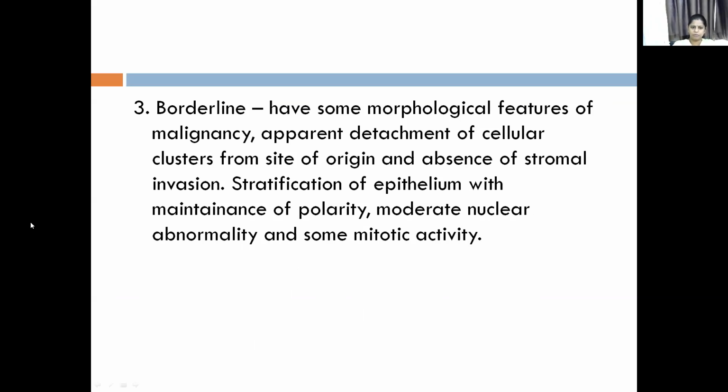Stratification of epithelium is present, but there is maintenance of polarity, moderate nuclear abnormality, and some degree of mitotic activity. All these are present, but not to the extent that you classify them as clearly malignant. So it is between benign and malignant, doubtfully malignant or doubtfully benign. These cases you include under the borderline.